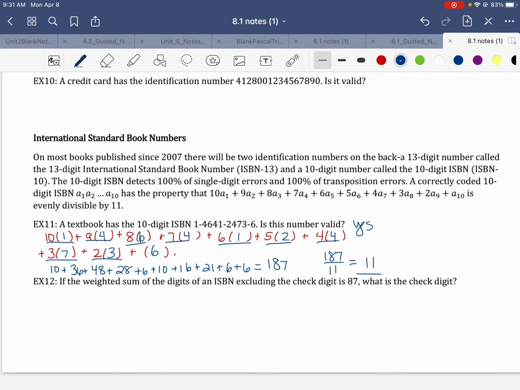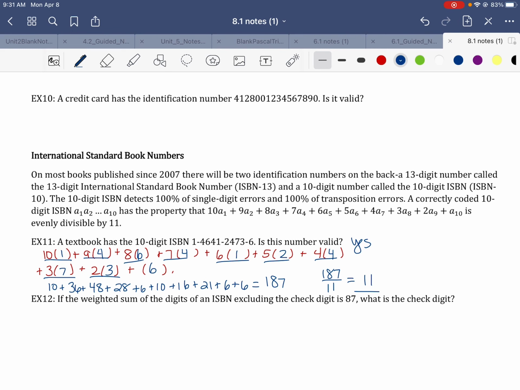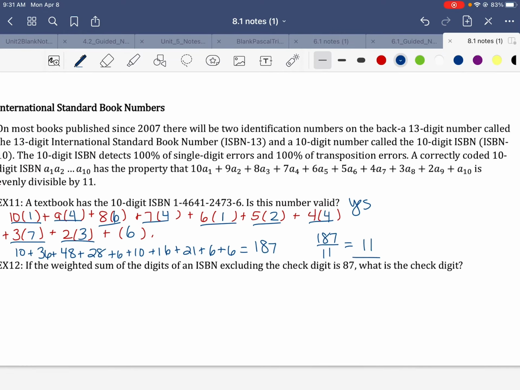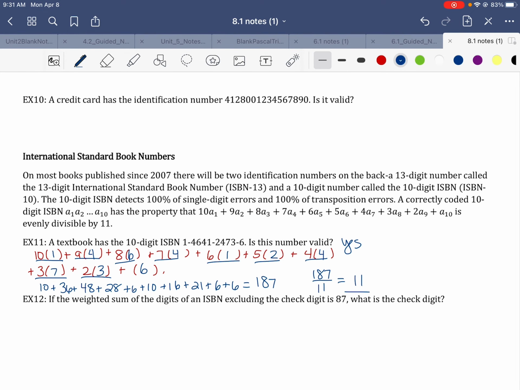All right, now we look at example 12. If the weighted sum of the digits of an ISBN number, excluding the check digit, is 87, what is the check digit? So that means that I do this whole thing and I get 87, and I get X. Now, this is a little bit different.